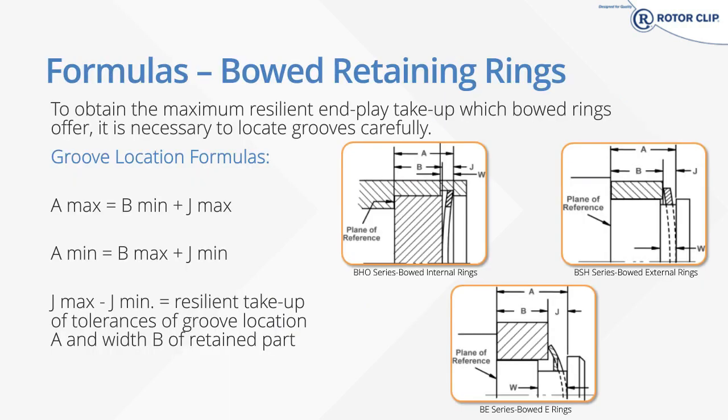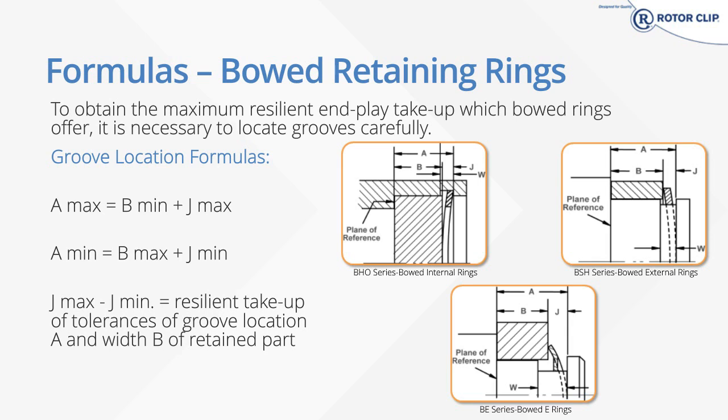Calculating positioning for these involves three key factors. There's the Jmin and Jmax that are found in our catalog. Bmin and Bmax should be known from the design of the retained part, Bmin being the smallest size and Bmax being the largest size once you account for tolerance.